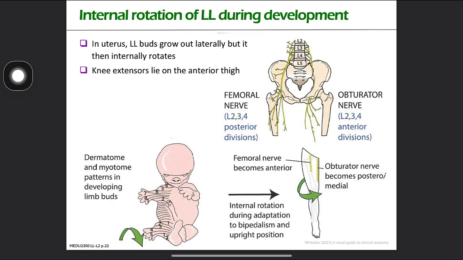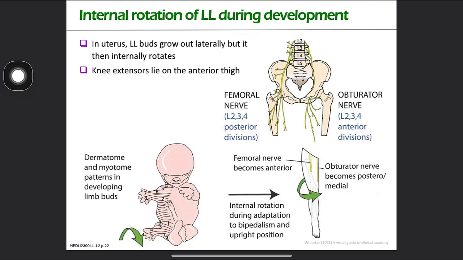Let me repeat. In early development, the lower limbs grow out and then internally rotate. That's why the knee extensors end up on the anterior thigh, right? And this is one of the reasons why the compartment layout looks like this.